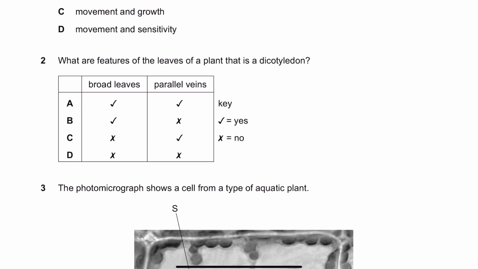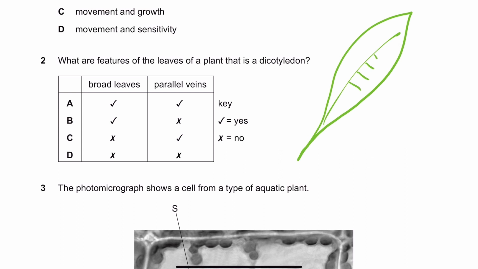Plants that are dicotyledons have broad leaves, and their veins inside the leaves are a net-like structure.